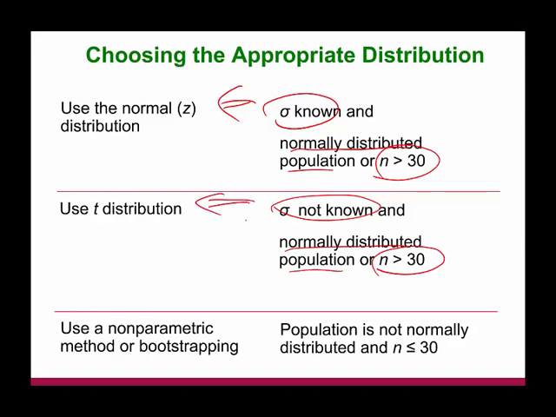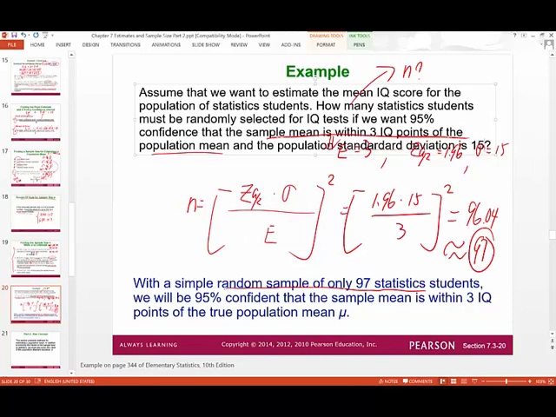If the population is not normally distributed or the sample size is less than or equal to 30, then we use the nonparametric method of bootstrapping to construct the confidence interval. That's pretty much it.